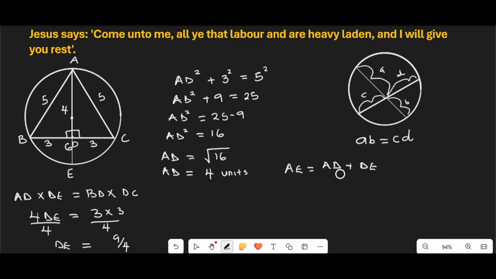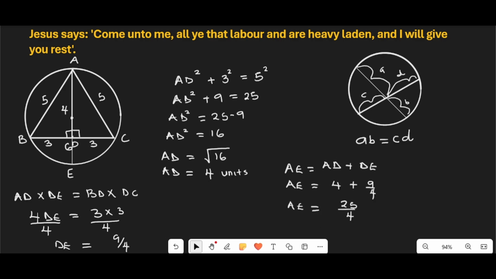Our AD is 4 units and our DE is 9 over 4 units. So we can say AE equals 4 plus 9 over 4, and AE equals 25 over 4, and this is the diameter of the circle.